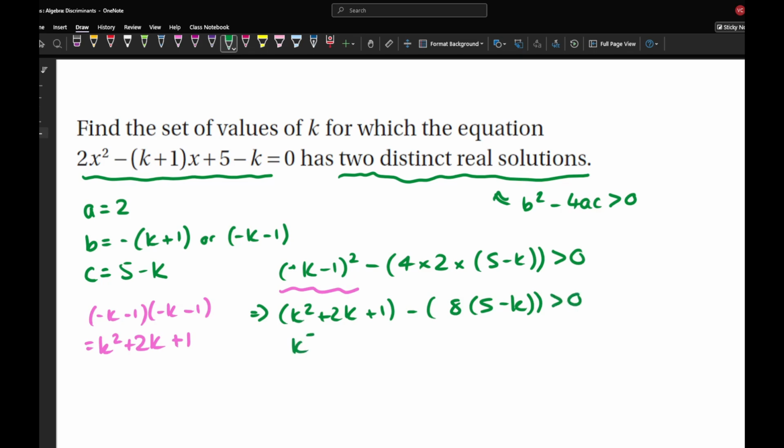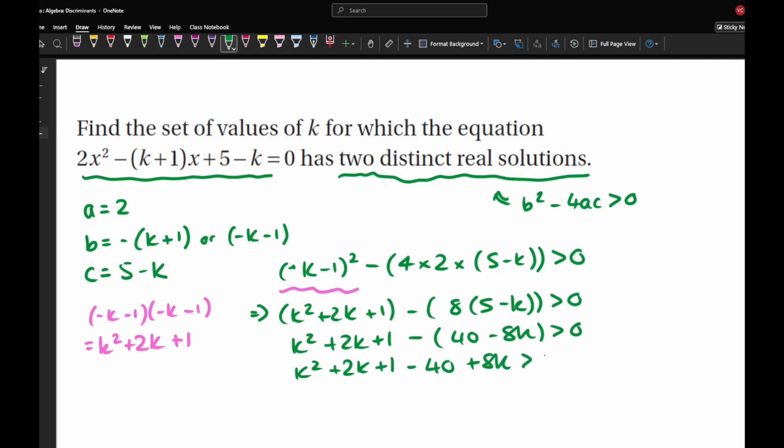which gives me k squared plus 2k plus 1 minus 40 minus 8k. And just be careful with the negatives here, in which I'm going to end up with minus 40 plus 8k is greater than 0.